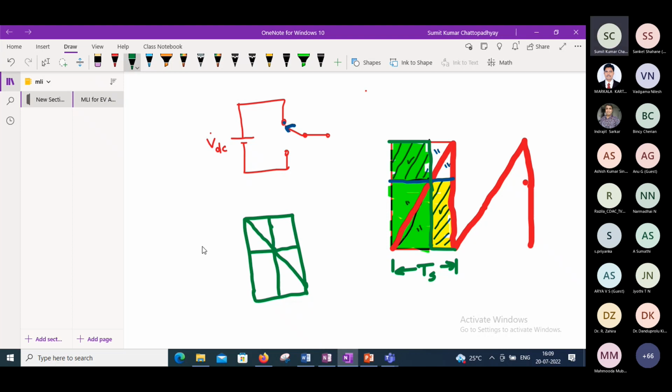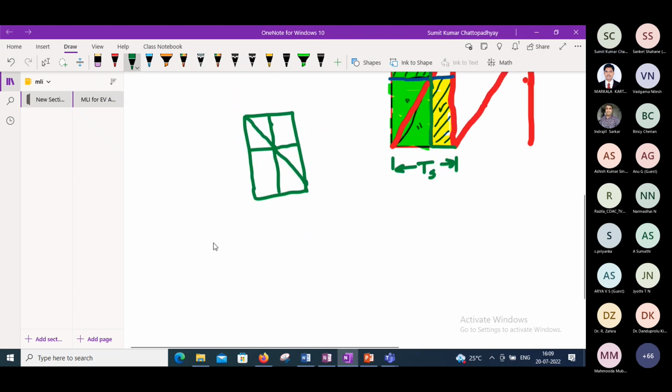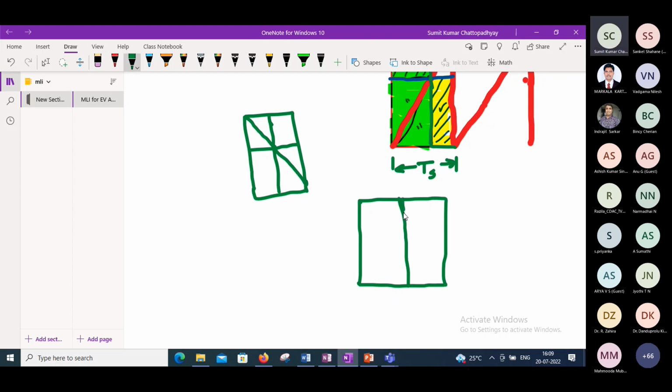So from that, we can conclude that whether it is a sawtooth wave or a triangular wave, finally, the pulse width modulation will be applicable.